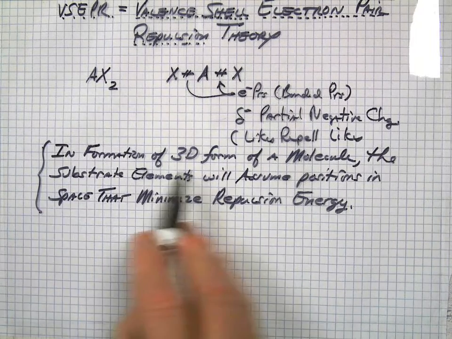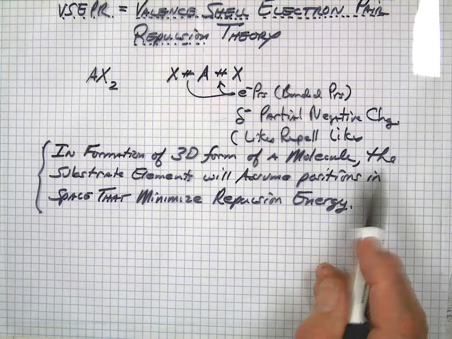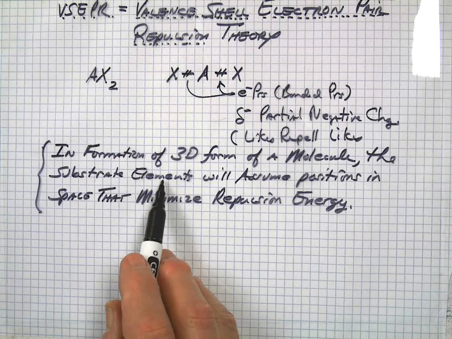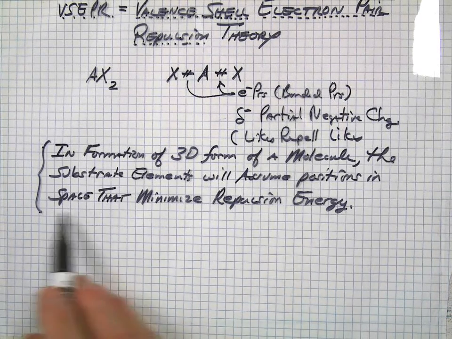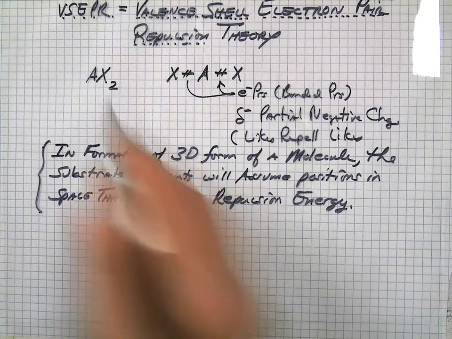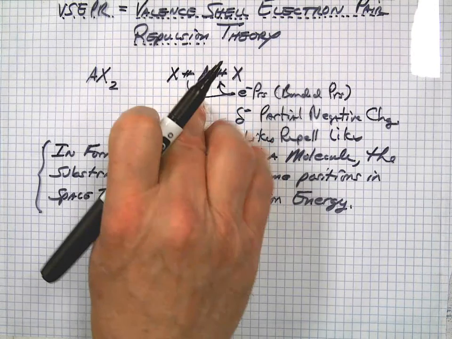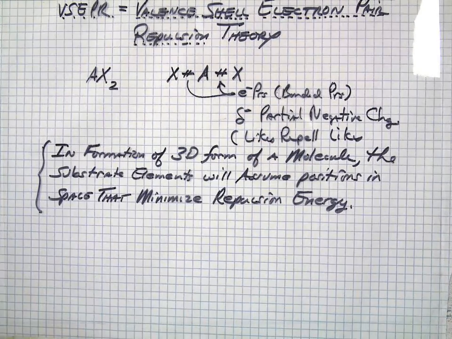In the formation of the 3D structure of the molecule, the substrate elements, those are your satellite elements, not your central element, will assume positions in space that minimize repulsion energy.